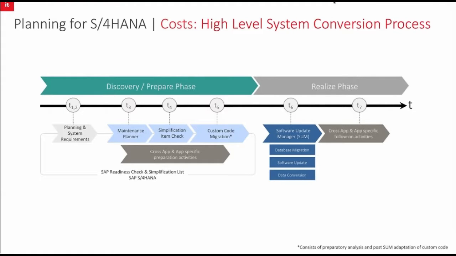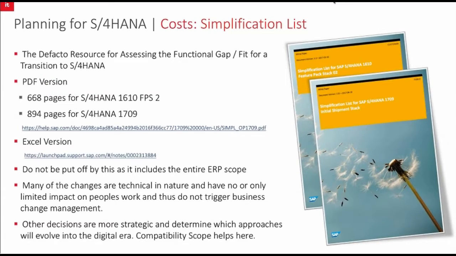Now, next up, I want to introduce you to something which is exceptionally important, the simplification list. Now, I'm not sure many of you will be familiar with this. This is an absolutely essential document that you need to get hold of and you need to review within your environment. It will help you understand the impact of the simplifications that S4HANA brings.